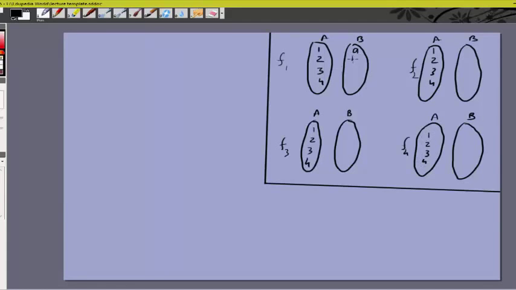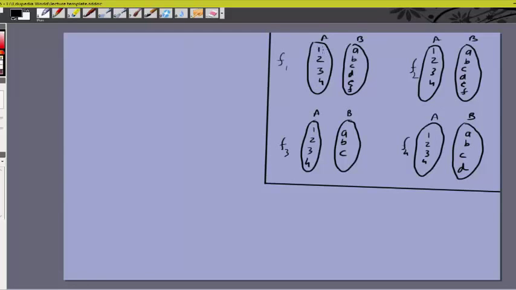A, B, C, D, E, F. Right, so these will end up being different types of functions based on how the mapping goes.